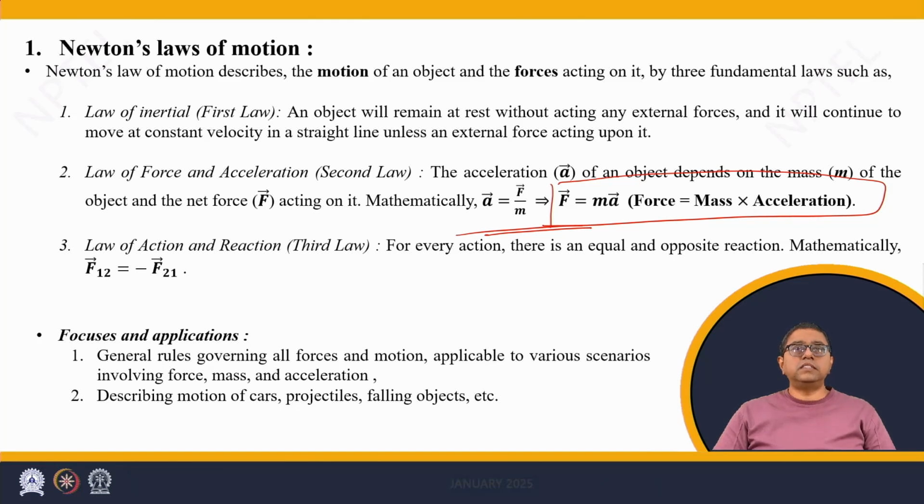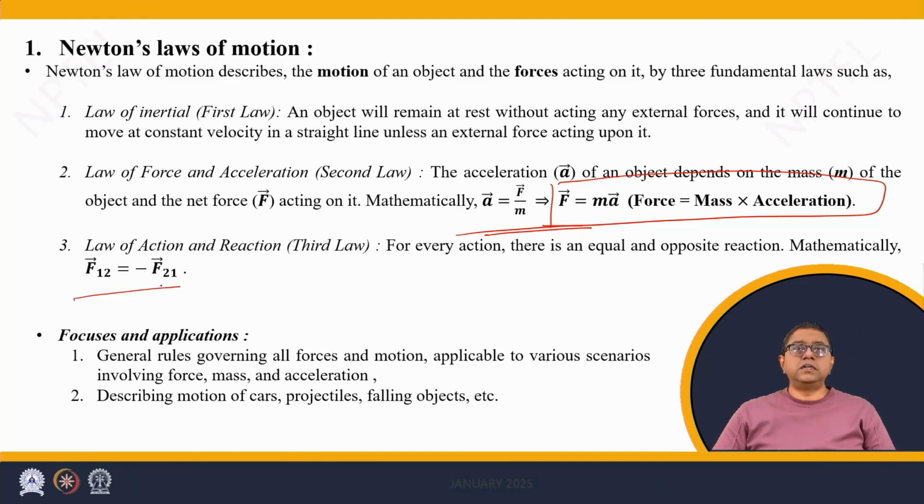The third is the law of action and reaction, which states that for every action there is an equal and opposite reaction. Mathematically, it can be represented as F12 equals minus F21.